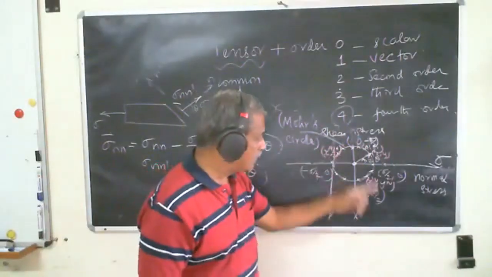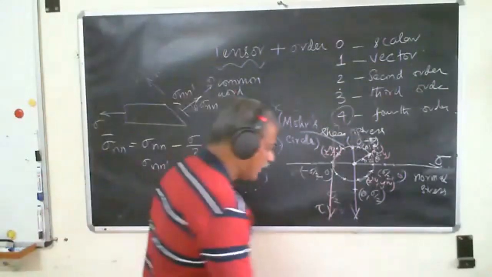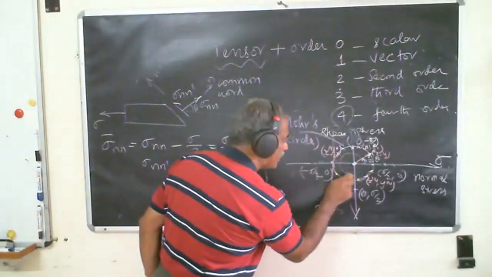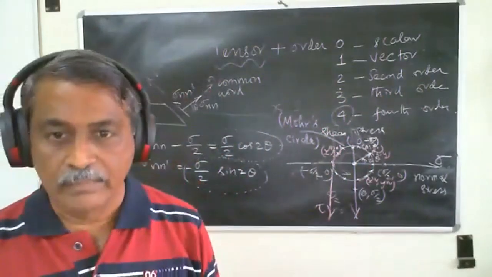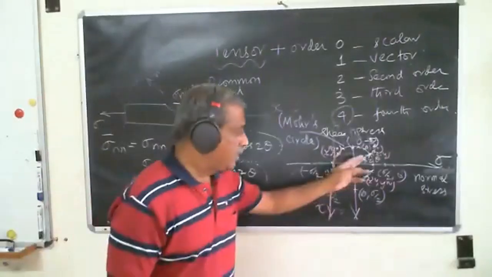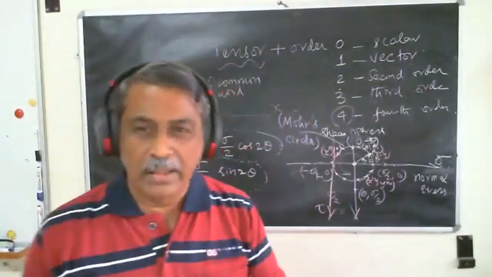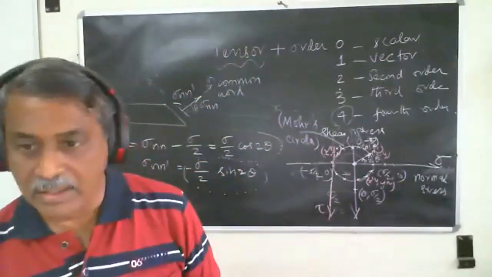And therefore, this is minus, this is plus. That's the only difference. The reason why I changed it like this is I want to use an anti-clockwise rotation over here. That's all. If I did it clockwise, then this would have gone up. But that complicates the issue. So I have just changed it to the downward direction for tau.